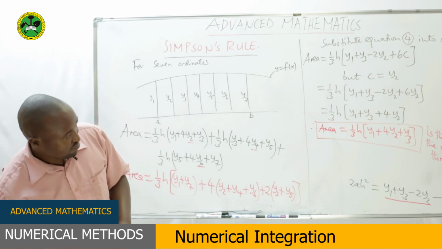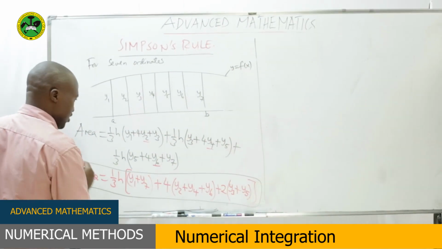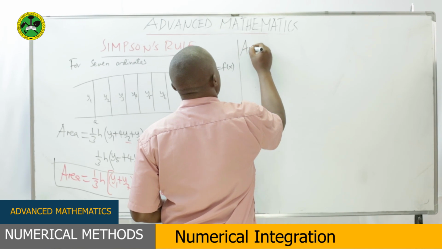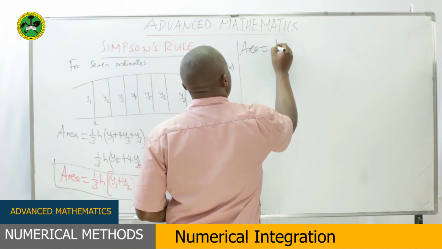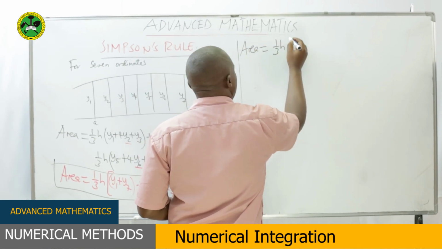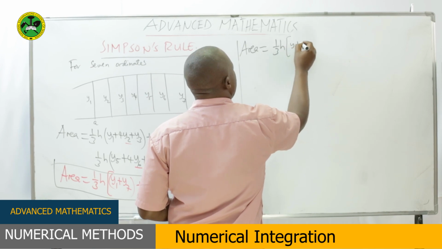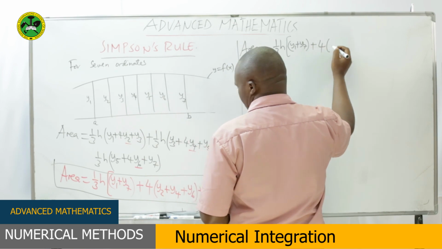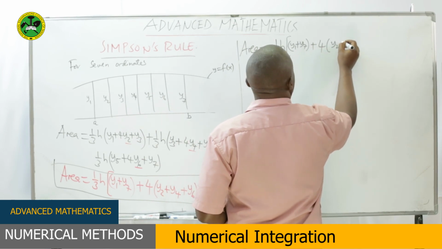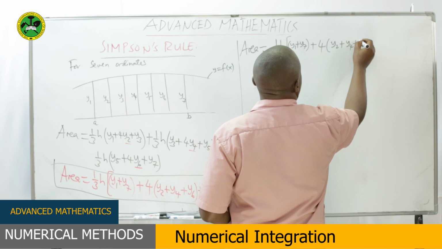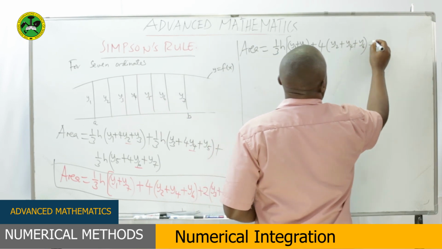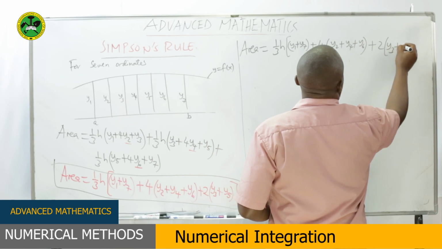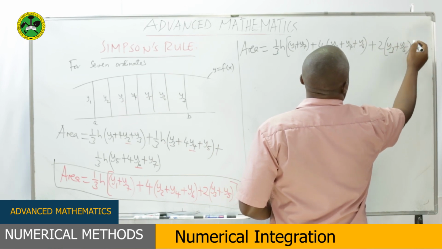Now in this case, area is equal to 1 over 3h bracket of y1 plus y7, then plus 4 times the even ordinates y2, y4, y6, then plus 2 times the odd ordinates, we have y3 and y5.